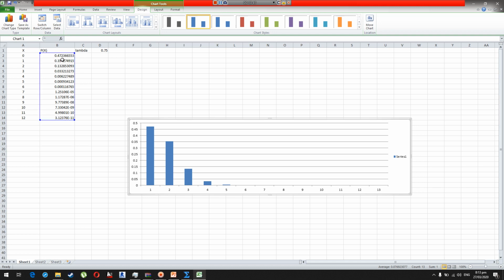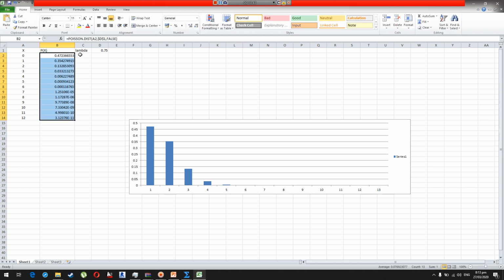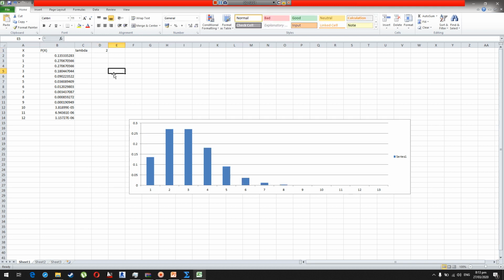Let me change the lambda value and see how the graph changes. Let's make it 2. You can see the graph changes. It shows smaller values at the left side, then increases and then decreases. So 1 is smaller than 2, and there is almost the same value for 2 and 3, and then a decreasing trend.